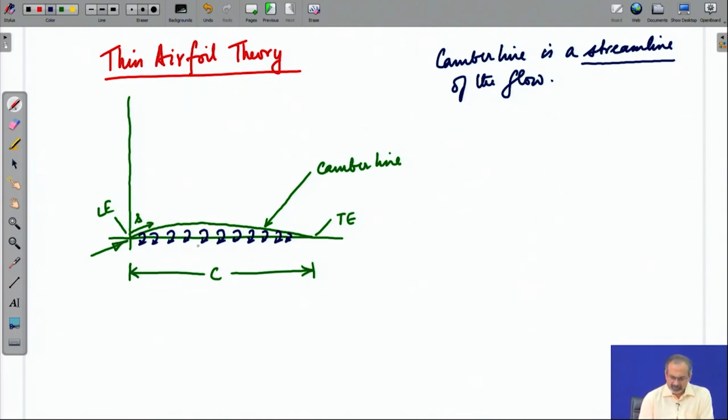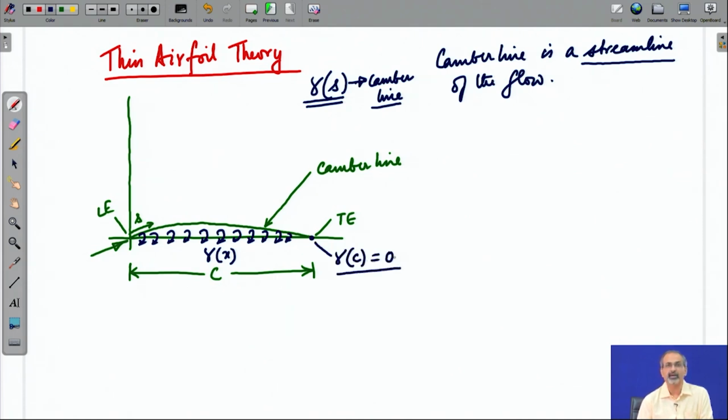Of course, we need to find out what this distribution of gamma should be, and now that we have redefined gamma as gamma x rather than gamma s, if it was deployed along the camber line, we would actually have to find out gamma s, but now we have reduced the problem to finding gamma x, which is along the chord line. So, we need to find gamma x so that we can make the camber line a streamline of the flow. Additionally, we have to make sure that the strength of the vortex sheet, gamma, goes to 0 at the trailing edge, because that is what the Kutta condition says.